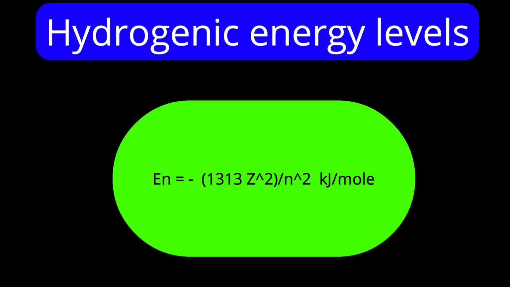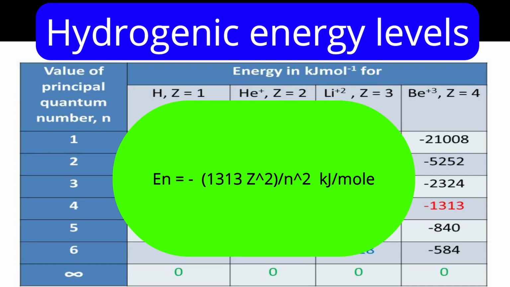I want to do calculation up to the sixth principal quantum number, sixth shell, and the last calculation for n equal to infinity. Actually, n equal to infinity is not clearly defined, but it is where the attraction between electron and nucleus just finishes. That's our n equal to infinity.